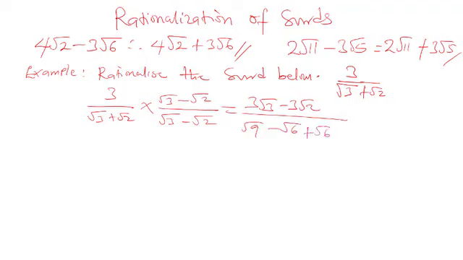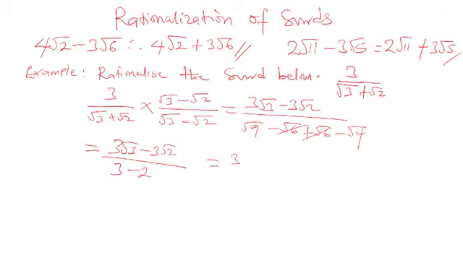Then root 2 times root 2 is minus root 4. So our answer goes this way: 3 root 3 minus 3 root 2 all over root 9 is 3, minus 6 plus 6 is 0. We now have minus root 4, which is 2.